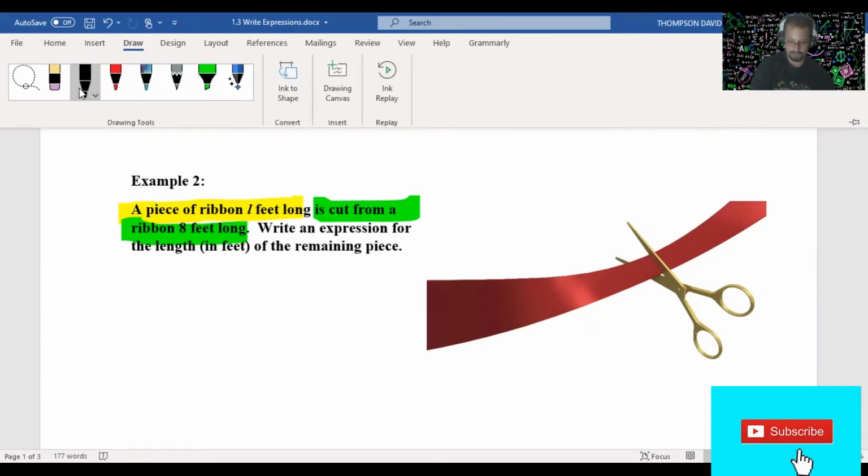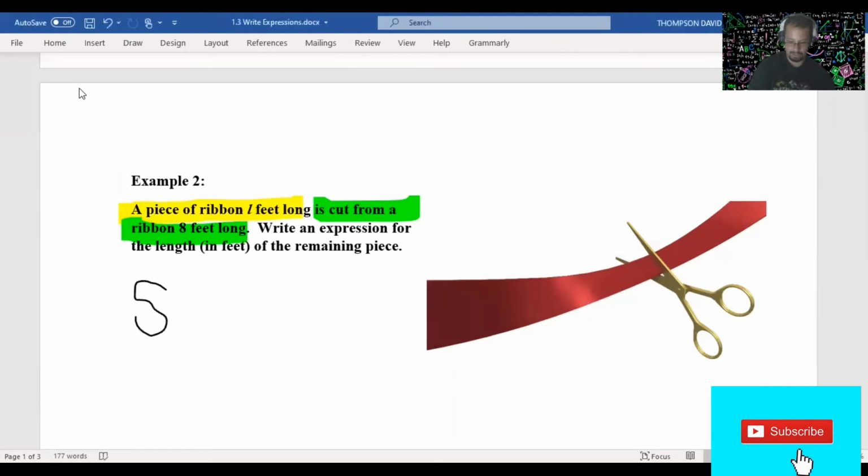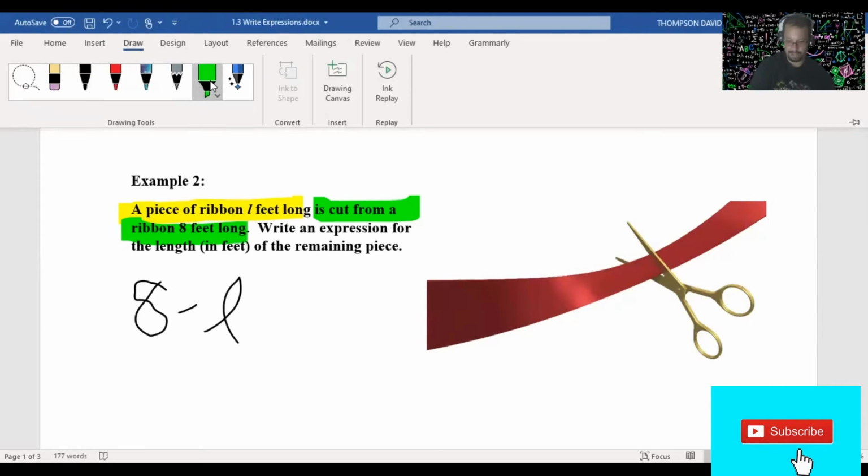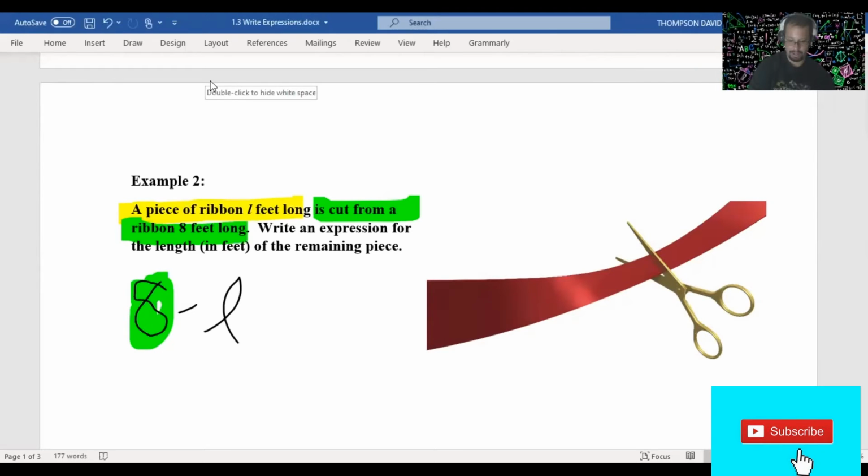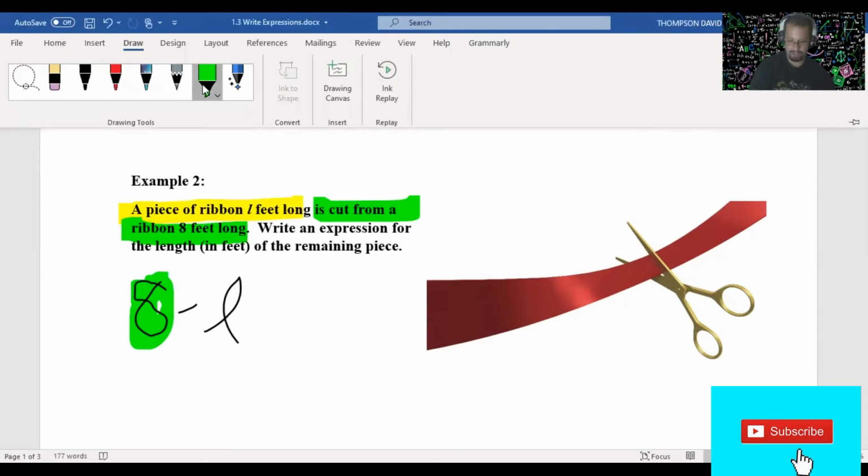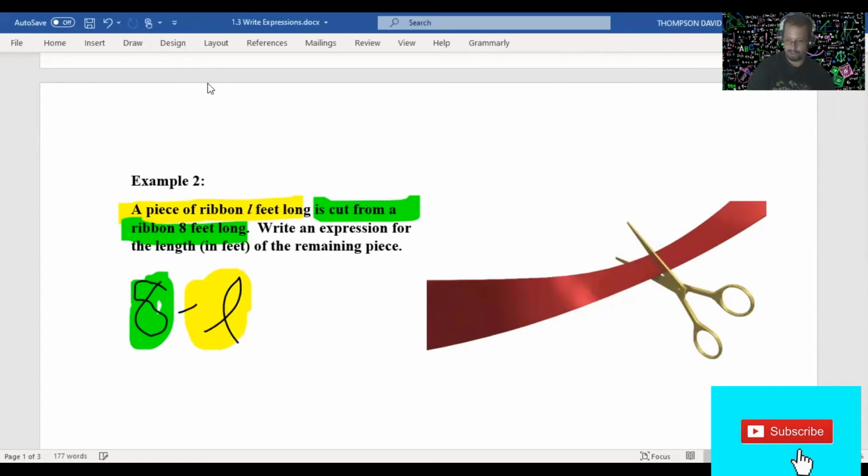So since we're starting with 8 feet of ribbon, we do 8, since we're cutting away, minus L. We'll highlight the 8 in green. And since we're taking away L feet, we'll highlight that subtraction in yellow. And we are done.